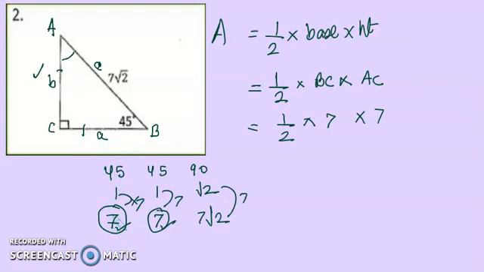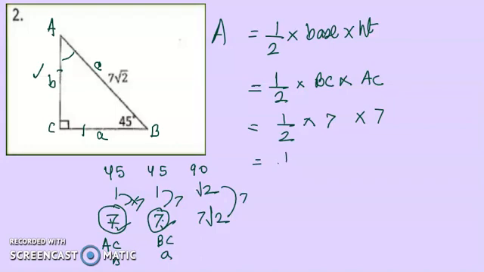Opposite 45, the side is AC, and opposite this 45, the side is BC, and I have mentioned here A and B, so AC is B and BC is A. But actually when you solve the question, you find them both equal.